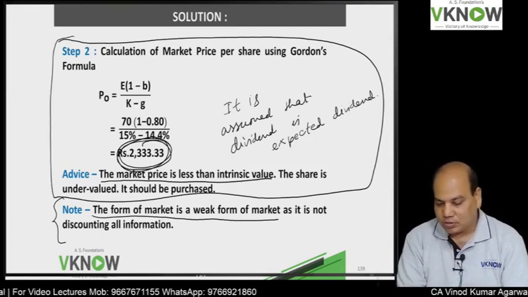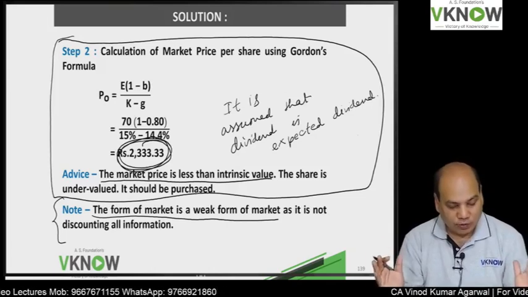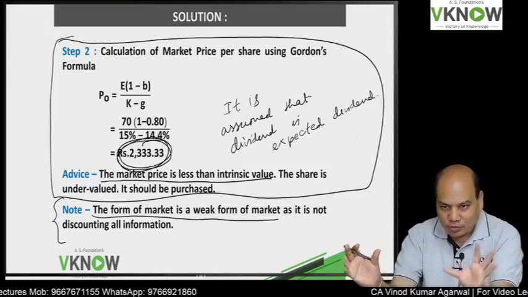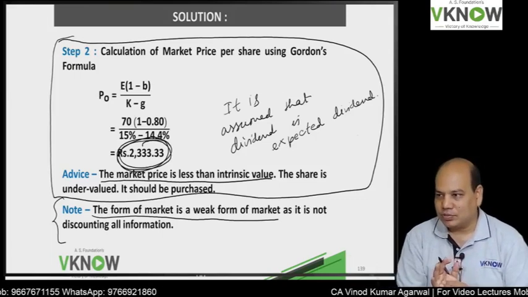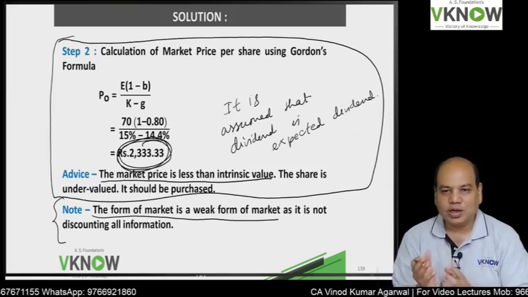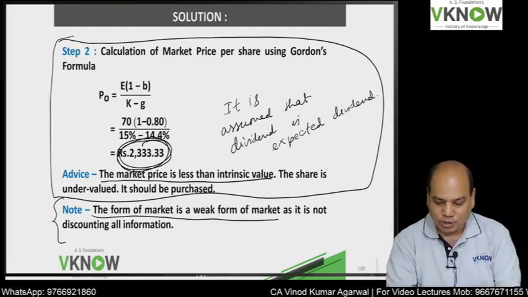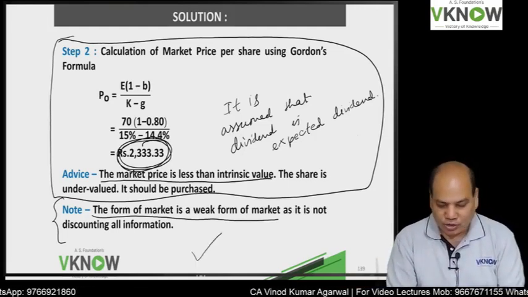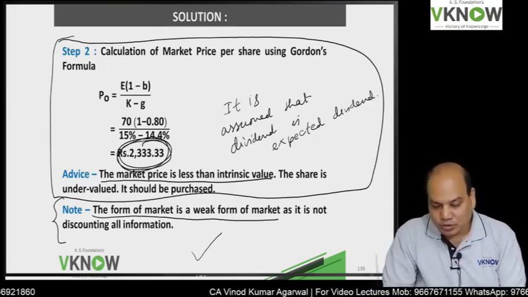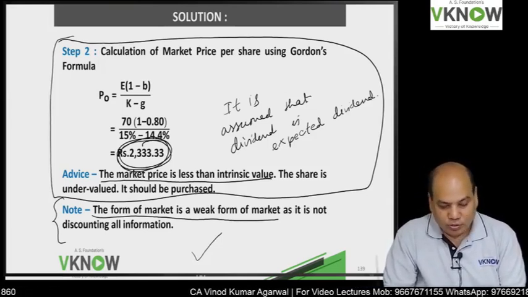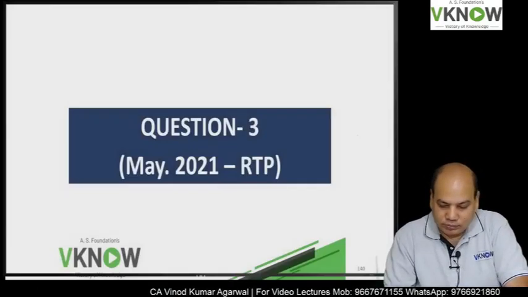It's a weak form of market, because even though information is publicly available, those have not been considered in the price calculation. So somebody can play with the market and earn super normal profit. Is it right? You can do it in this example. By buying this share, you can earn additional income. It should be 2333, but available at 2100.